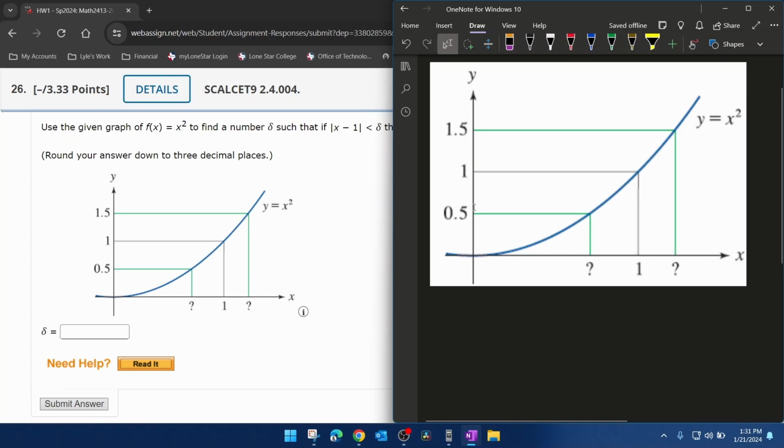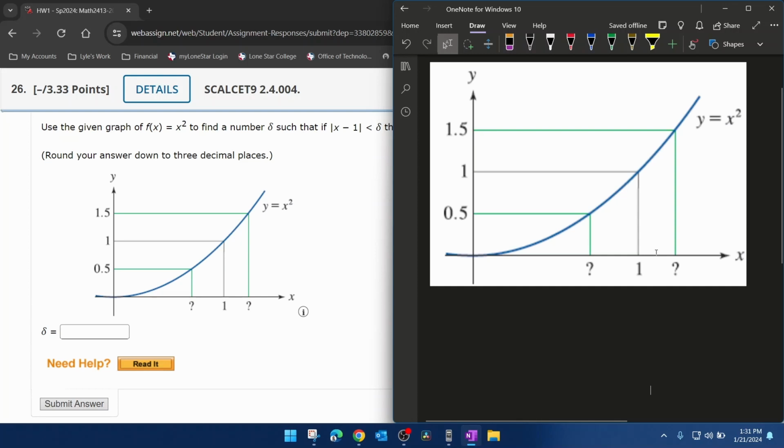We're going to plug those y values into our function to calculate the x's that would give us those y's. And then once we know the x1 and the x2, the values of x that would put us at 0.5 and 1.5, we can then calculate the distance away from 1 they are. And then all we have to do is pick the smaller one.